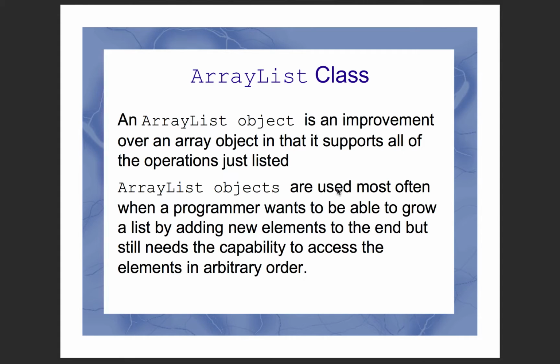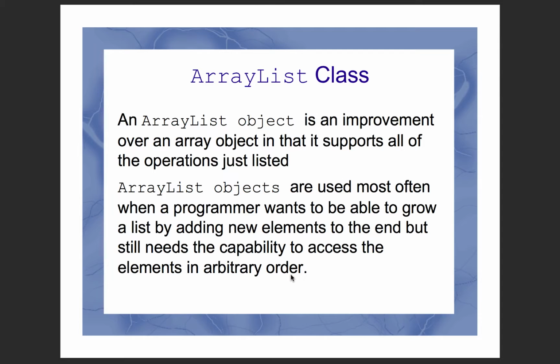ArrayList objects are used most often when a programmer wants to be able to grow a list by adding new elements to the end, but still have the capability to access the elements in arbitrary order. We know that we can access any element in an array by specifying an index. So it's very simple: you give some index and you can easily access any data from that array.